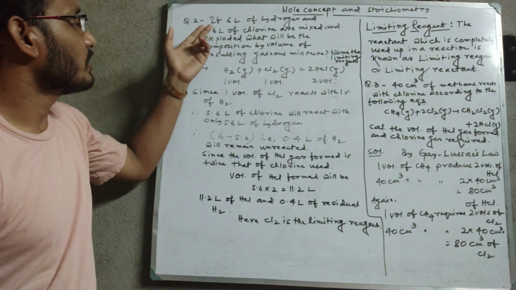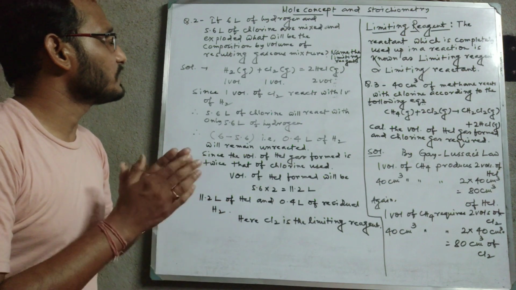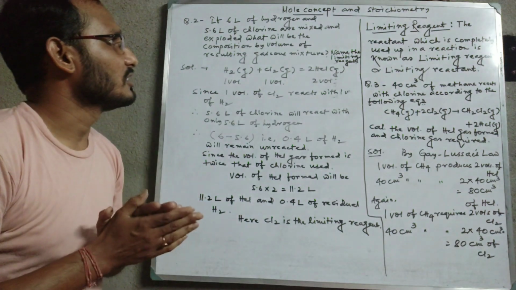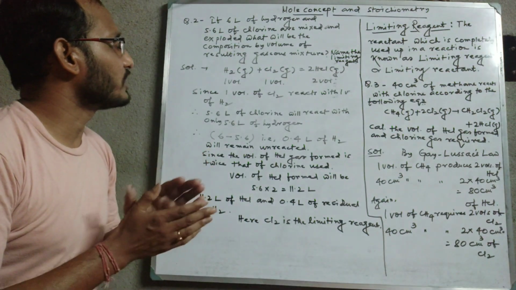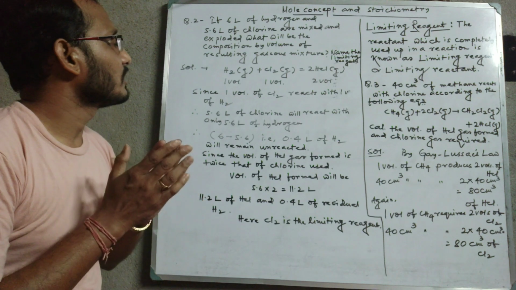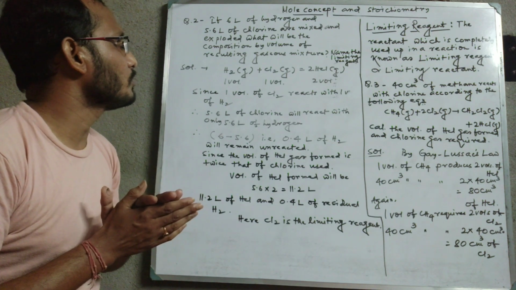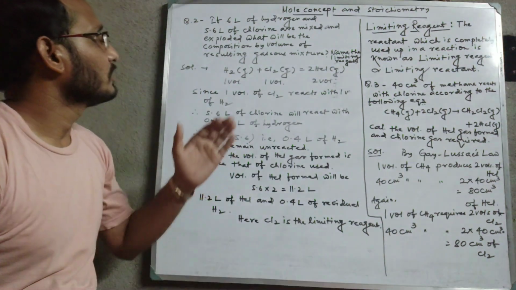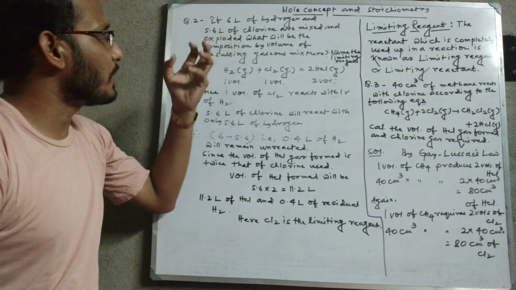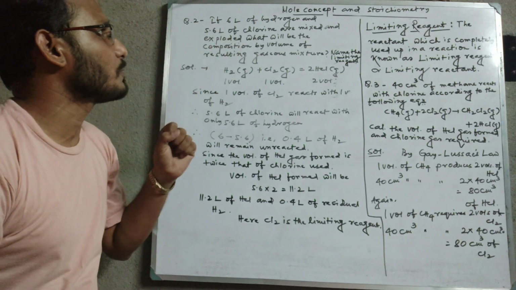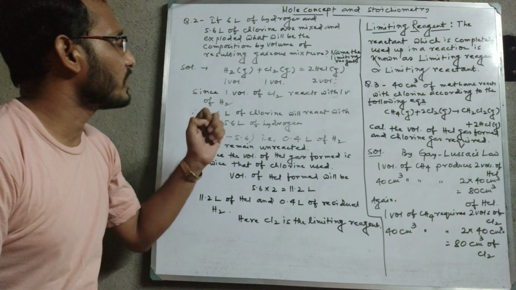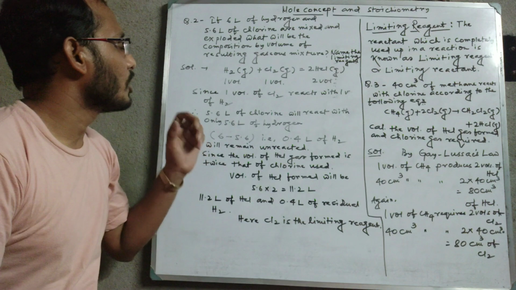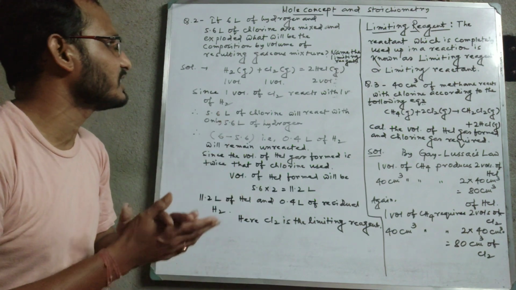The question is, if 6 liter of hydrogen and 5.6 liter of chlorine are mixed and exploded, what will be the composition by volume of the resulting gaseous mixture?